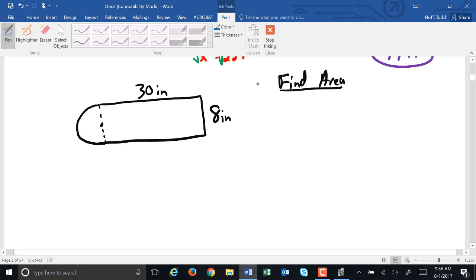If I want to find the area of this shape, what do I do? I'm going to cut it into two pieces. What's the area of piece 1? How do I find its area? 30 times 8. It is just a rectangle, yes.